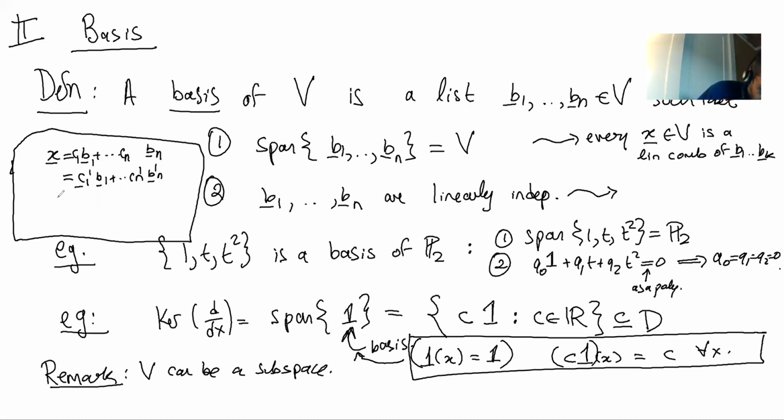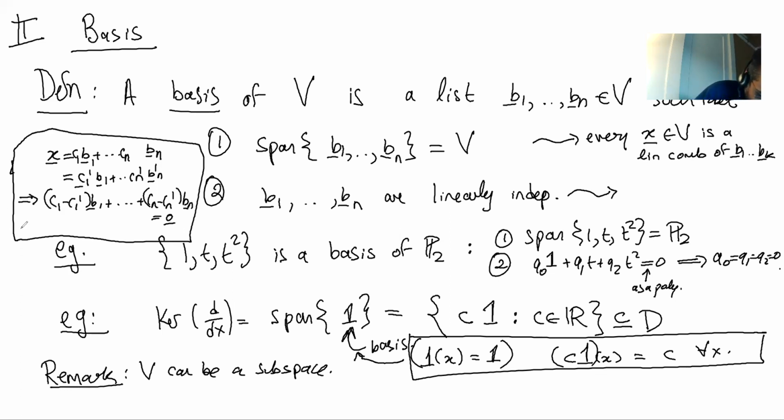Correct. So concretely, what you would do is you would just rearrange this, right? You would get that C1 minus C1 prime times B1, all the way to Cn minus Cn prime times Bn, is equal to 0, right? That's what you get by rearranging that equation.